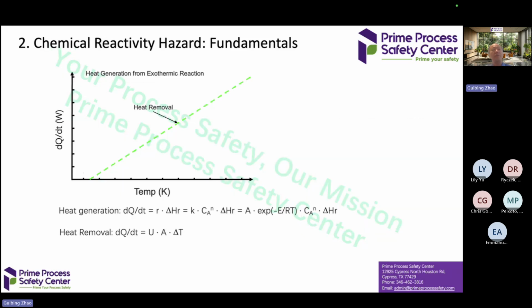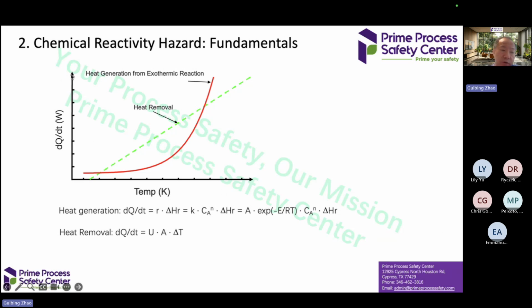So next, let me share chemical reaction hazard fundamentals. You can see this curve. Actually, in the industry, most chemical reaction hazards can be described by this curve.